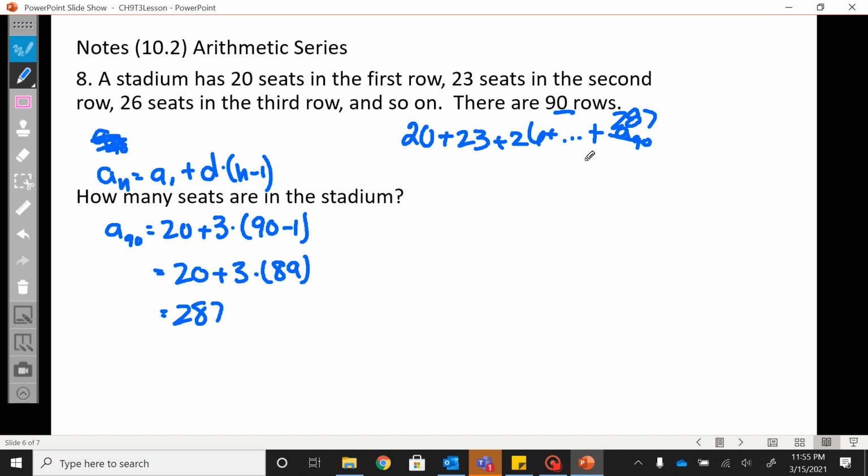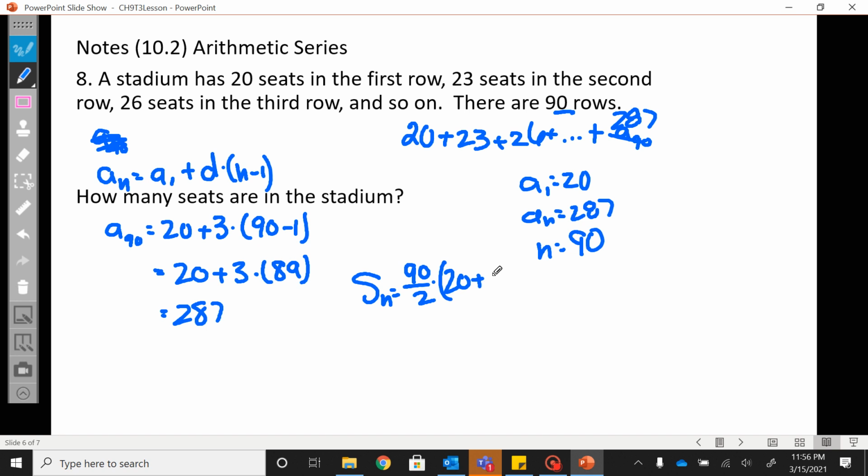All right, so now I have enough information to determine the series. The first term is 20, the last term is 287, and the number of terms is 90. Plugging all of that in, the series is equal to half the number of terms, 90 over 2, times the first term plus the last term. 90 over 2, that's 45. 20 plus 287, that's 307.